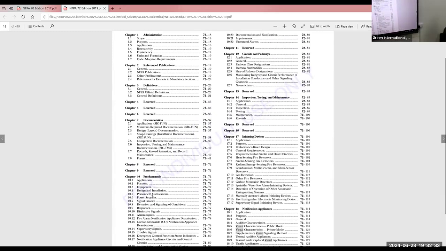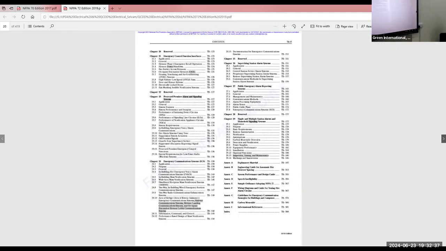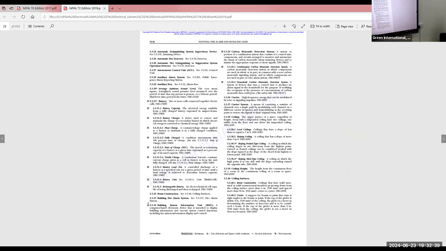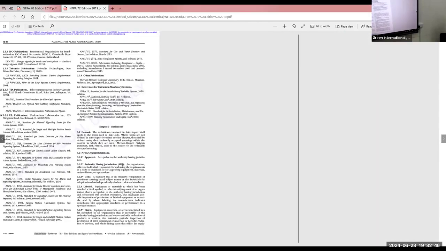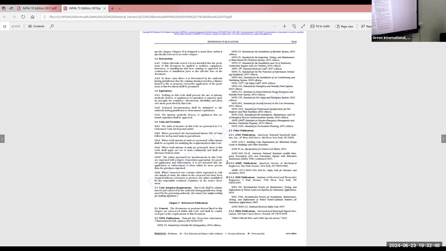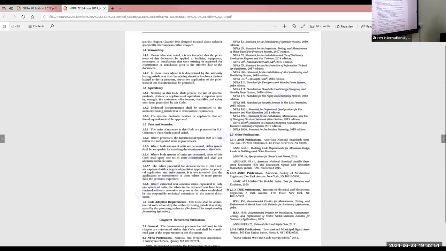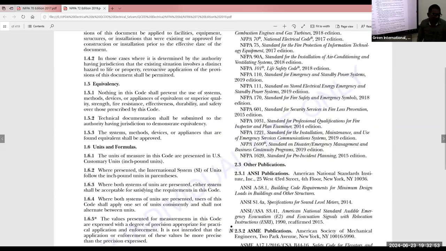For example, here you can find the NFPA standards. In your exam, they ask about NFPA and UL standards. Out of 8 questions, more than 6 or 7 questions we get from these details.